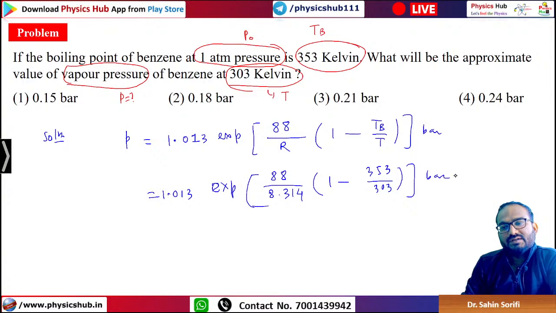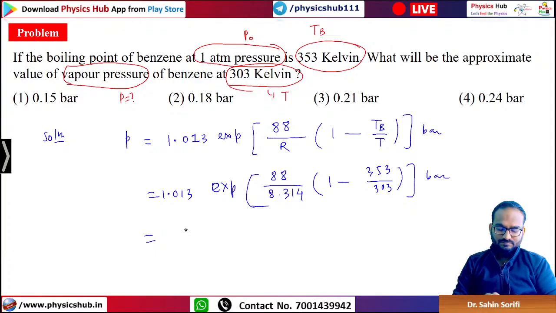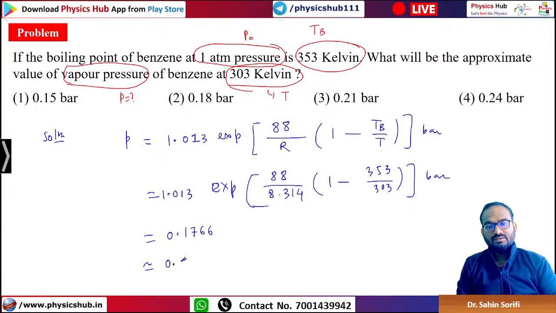We are evaluating it in bar. So let's calculate. (88 by 8.314) times (1 minus 353 by 303), exponential of this result, into 1.013. I am getting approximately 0.1766, so about 0.18 bar. Option 2.